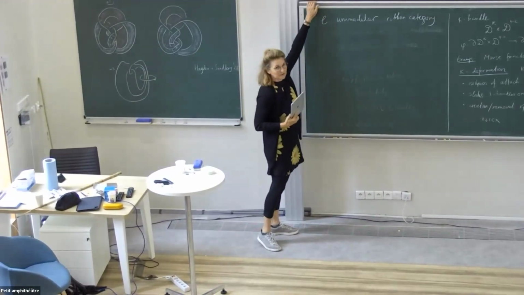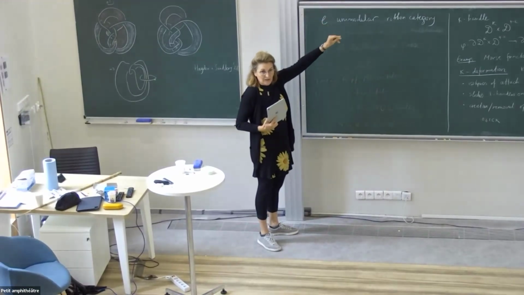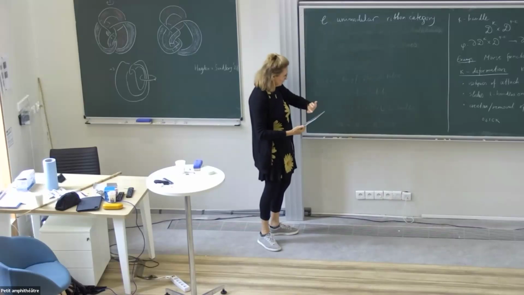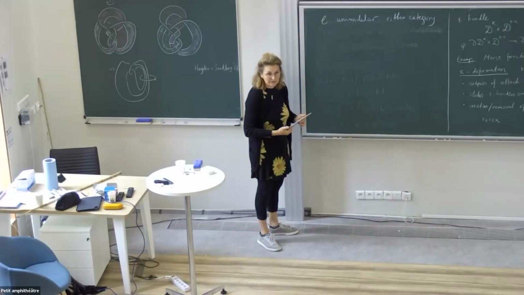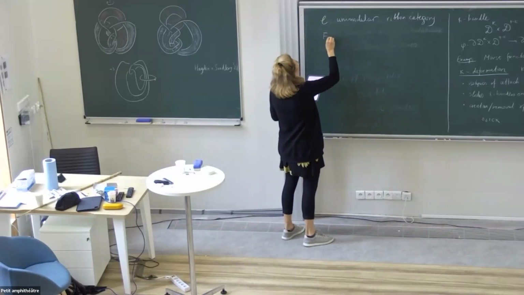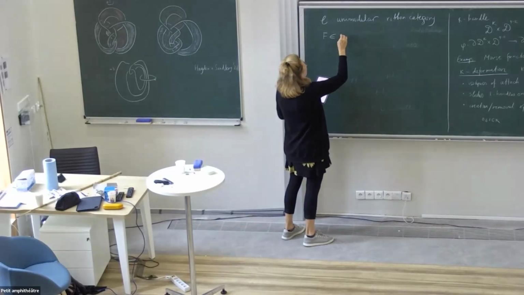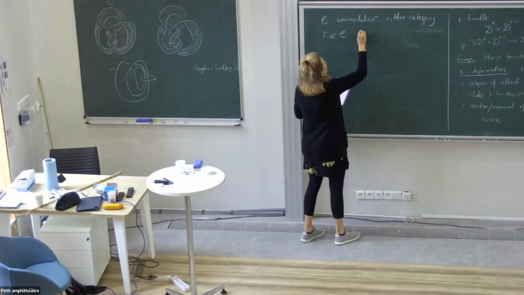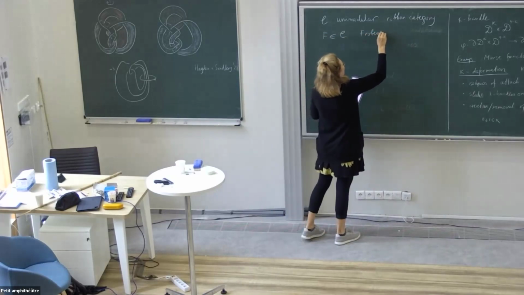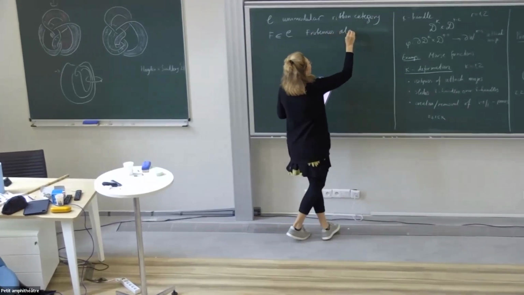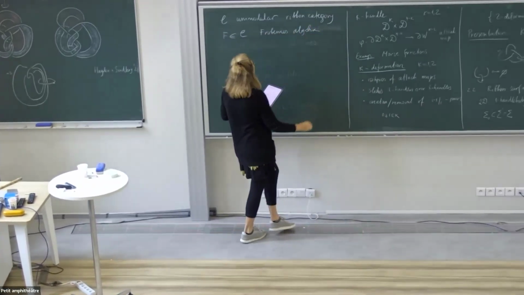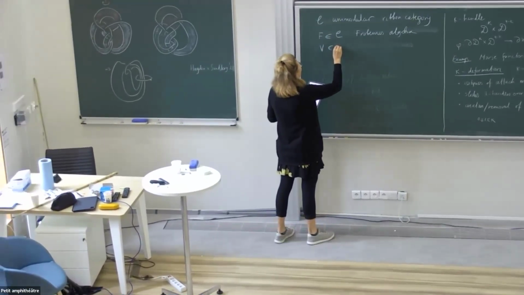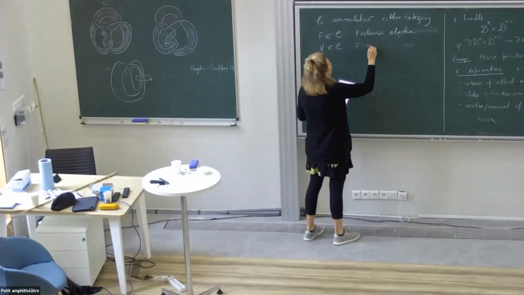Unimodular means that the projective cover of the tensor unit is self-dual. I will not properly define algebra objects and so on, but I assume everybody has already heard what an algebra object is in such a category. And I will need a Frobenius algebra object in this category.